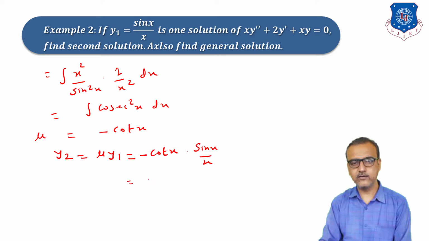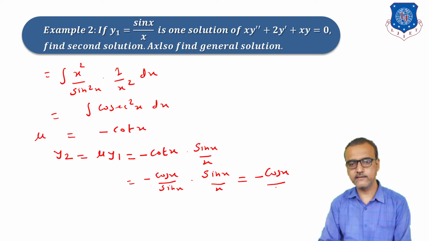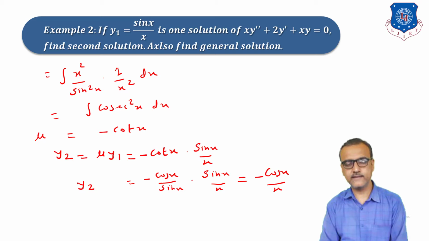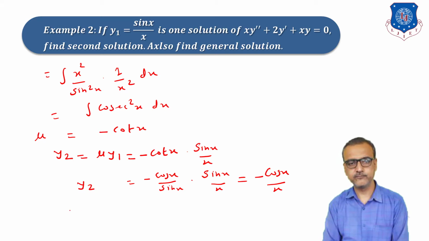We will write minus cot x as minus cos x over sin x into sin x over x. So sin x will cancel out, and this is equals to minus cos x over x. So the second solution y2 is minus cos x over x.